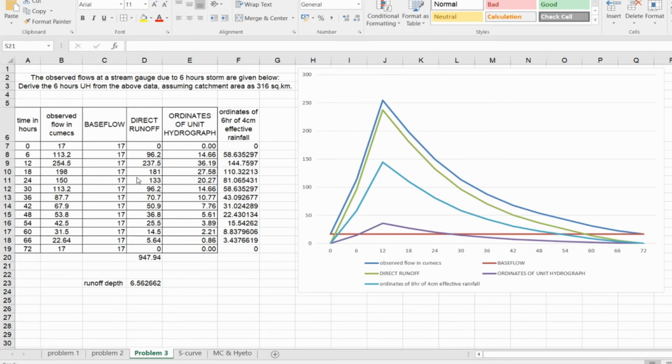The question asked is: the observed flows at a stream gauge due to a 6-hour storm are given below. Derive the 6-hour unit hydrograph for the above data, assuming the catchment area as 316 square kilometer. This is the time in hours which is given to you, and this is the observed flow in cumecs.